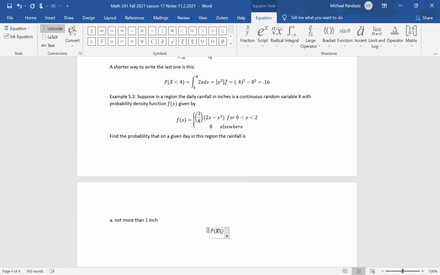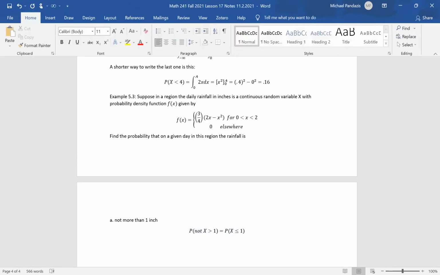So we want the probability that it's not more than 1 inch. That means it's not true that X is greater than 1, which means it's equal to the probability X is less than or equal to 1.